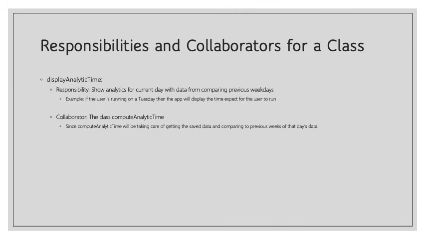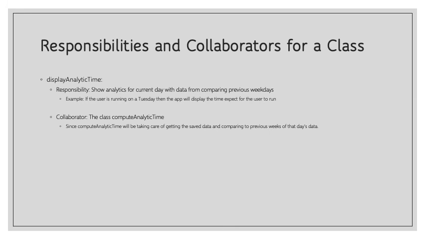Here, the class on this slide is display analytic time. The responsibilities would be to show analytics for the current day by comparing previous days, weekdays. For example, like I said previously, if the user is running on a Tuesday, then the app will display the time expected for the user to run.